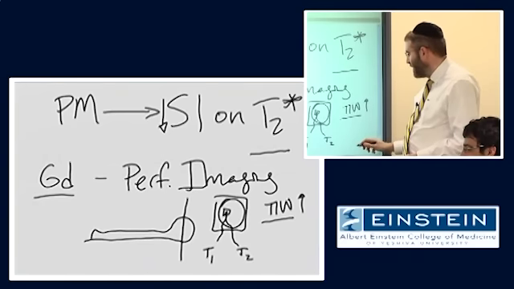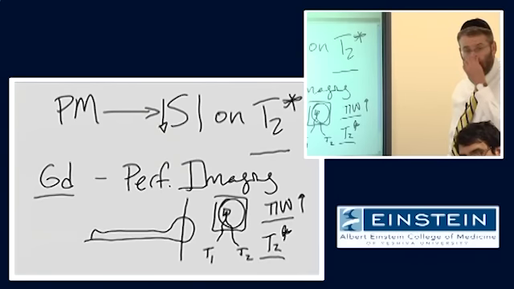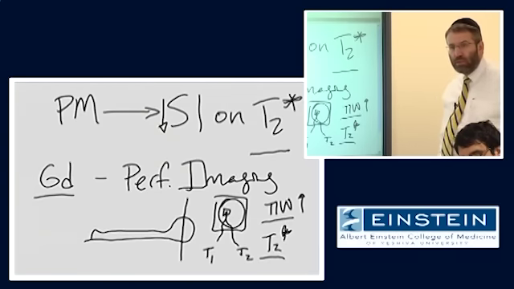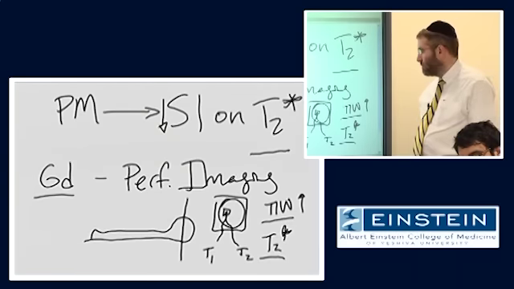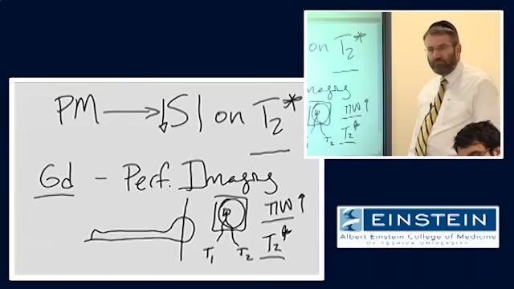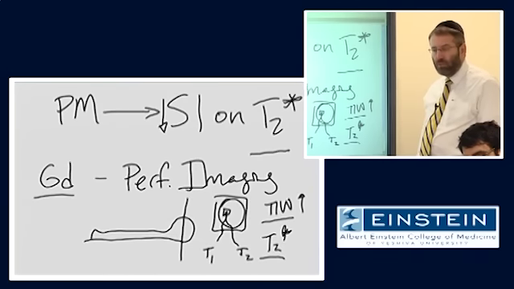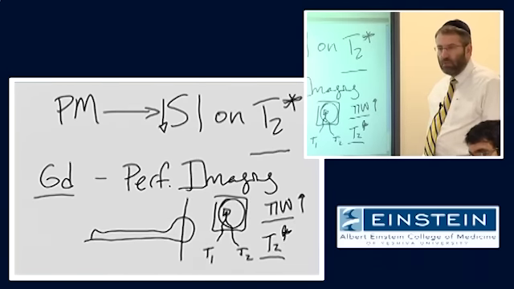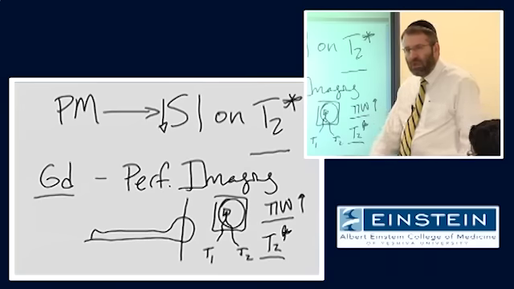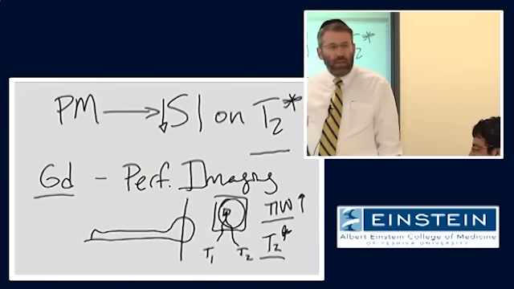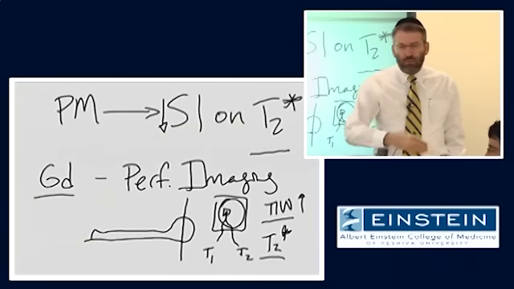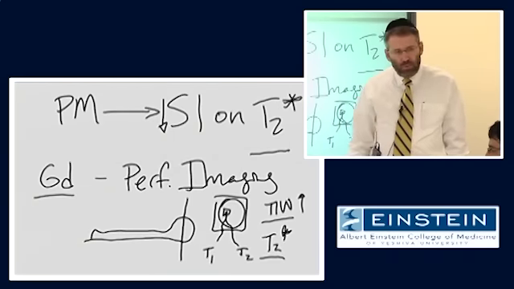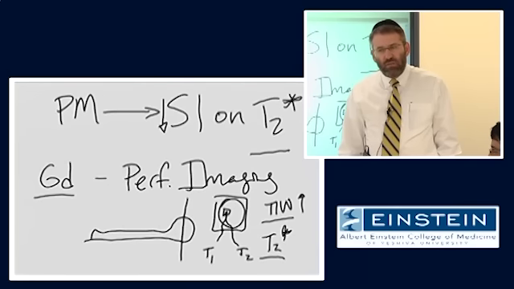If, on the other hand, I chose an image that's sensitive to T2 star, what would the signal look like? Would there be any effect? Let's say I'm doing a regular MRI of the brain, and I do my gradient echo image of the brain. We do it all the time. And then I give the patient a gadolinium injection, and I do it again.